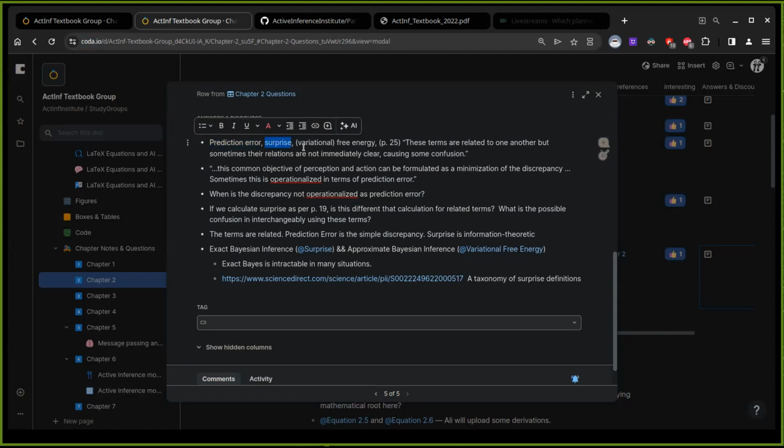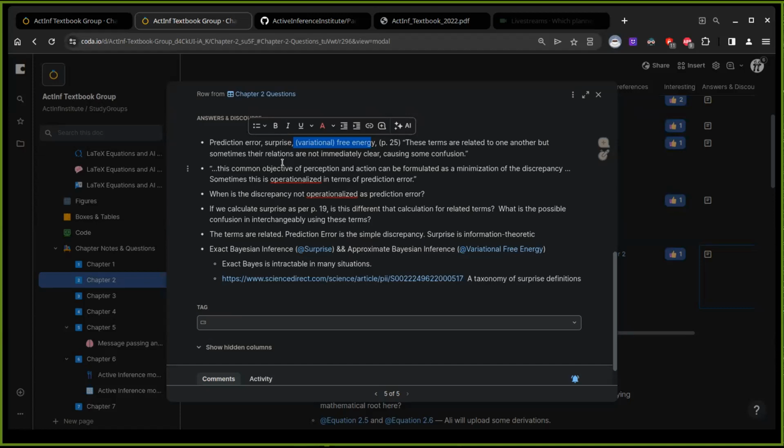Surprise is an information theoretic quantity. Every single data point observation on a distribution is associated with some non-zero surprise value, but it can be minimized, and it's minimized when the prediction error is lowest. And variational free energy is described in equation 2.5.